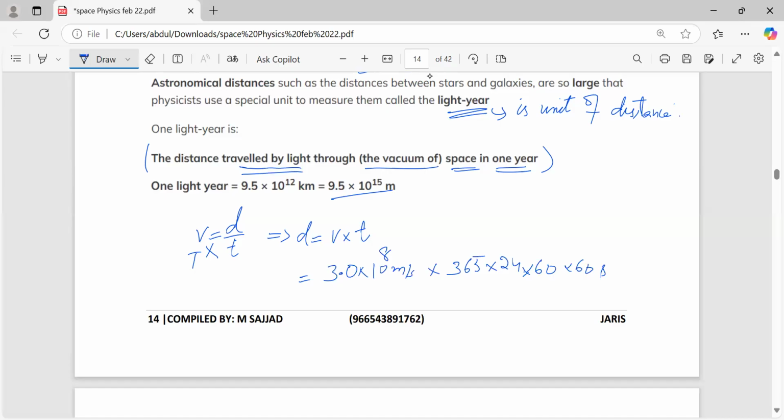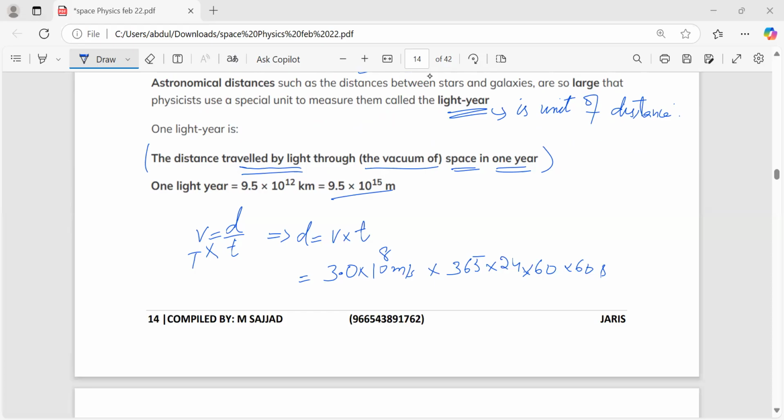Multiply them all together. So 3 times 10 raised to power 8, times 365, times 24, times 3600, together. 9, 4, 6, and then the zeros, 15 places in all.